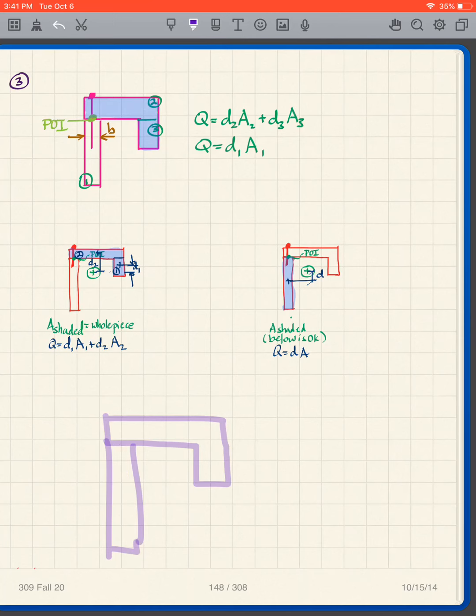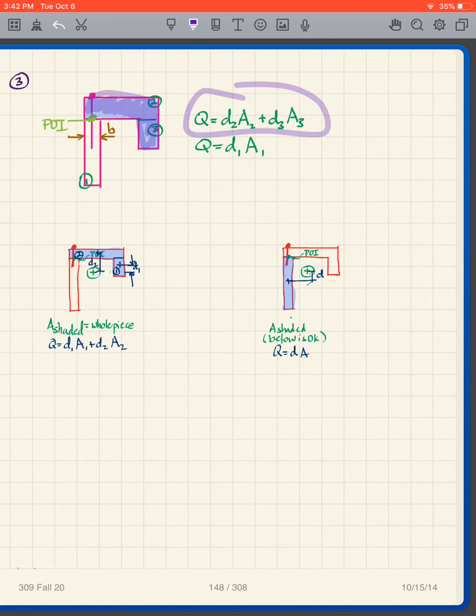So how do I calculate Q at this location? I have my location there, and I have to take all of this area here so that I can get a D2A2 plus D3A3 for that.